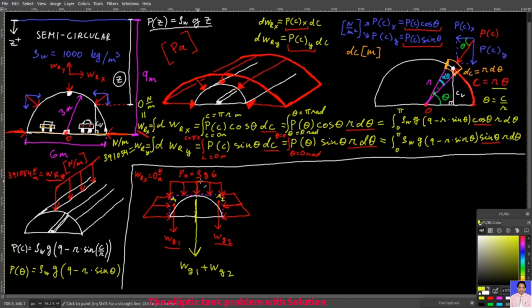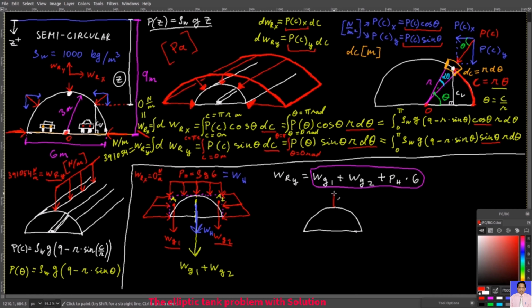Also, your horizontal pressure, if you multiply it by the diameter of the semicircle, which is 6 meters, then that resultant force per unit length, which we can call WH, will also act through the same location. So if you add them all together, then you will get your WRY, and that's WG1 plus WG2 plus pH times 6. And it will all act through this point. And so let's find it.